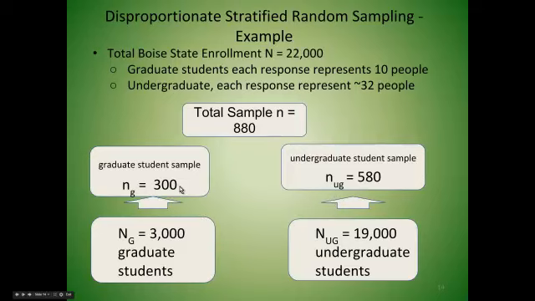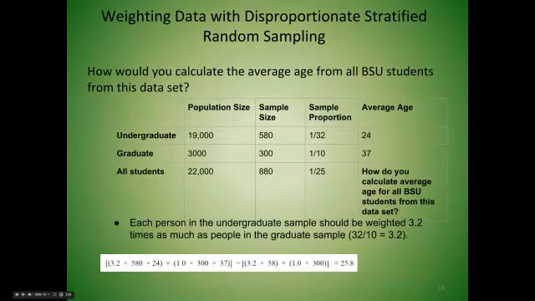But keep in mind, this means that each individual in the graduate student sample represents 10 people in the population, while each person in the undergraduate strata represents 32 people in the population. So the graduate students have been deliberately oversampled, and the researchers will need to take this into account when they analyze their data. That's where this process of weighting data comes into play.